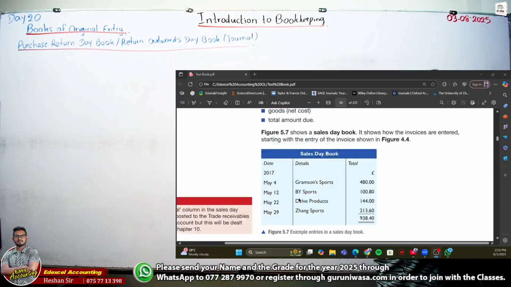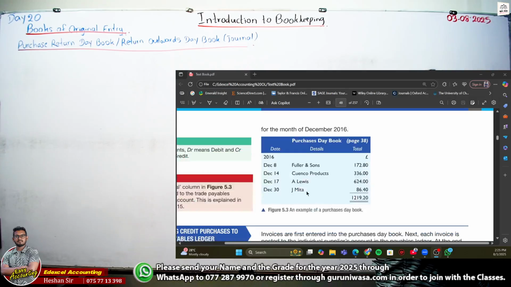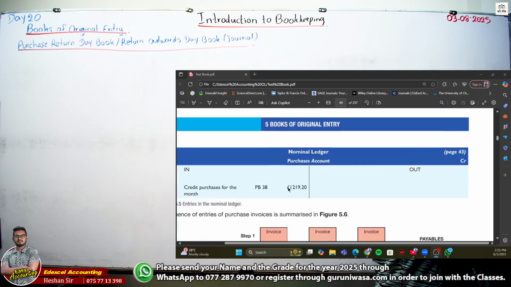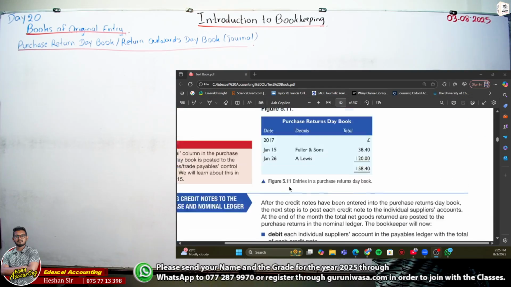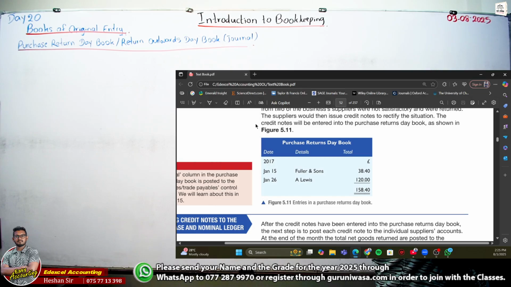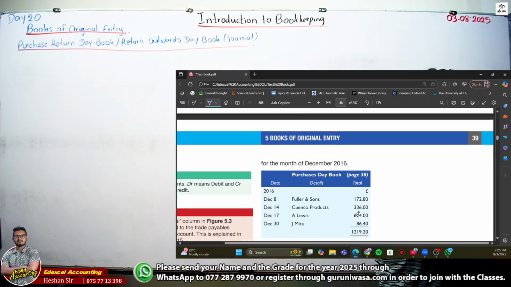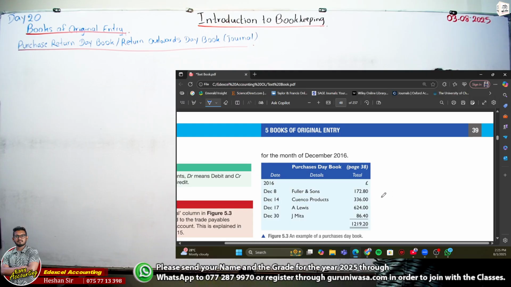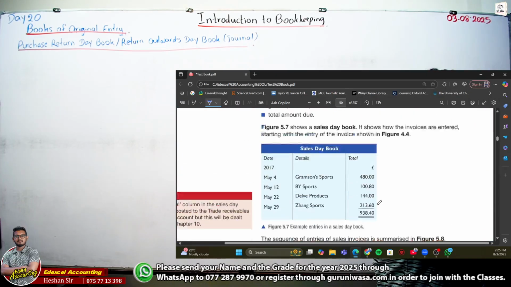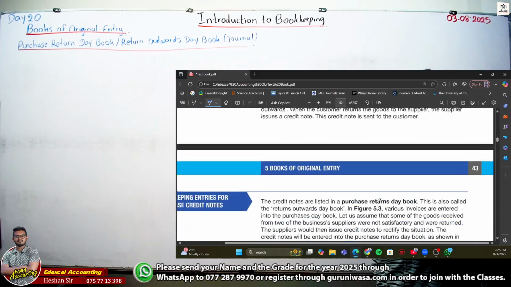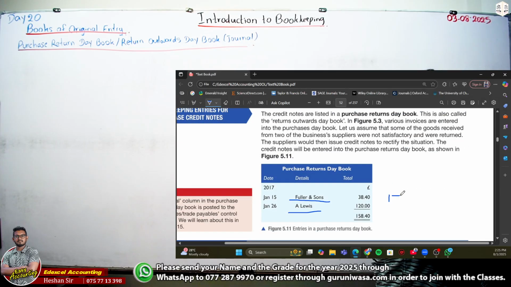Now in line with this are the credit purchases. We purchased goods from these suppliers. Out of these, we are returning goods to Fuller and Sons and A. Lewis. From Fuller and Sons we purchased 172.80, but out of this we return only this value; the other things we are keeping.